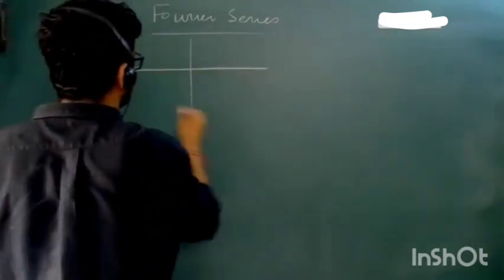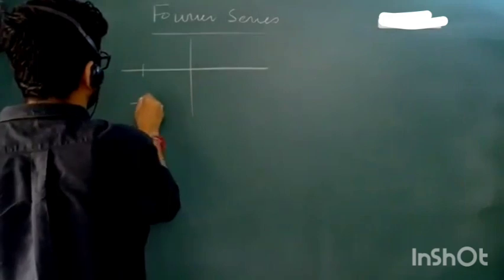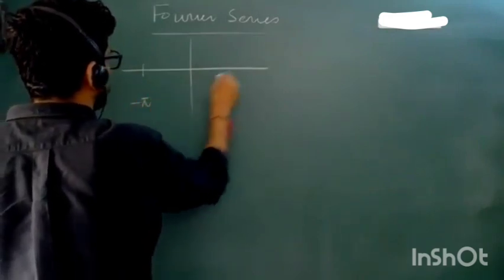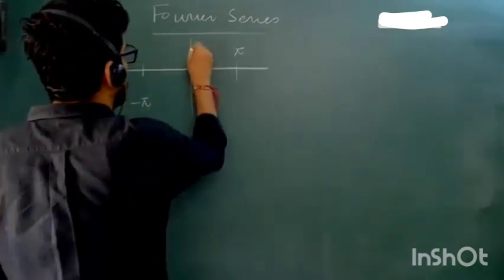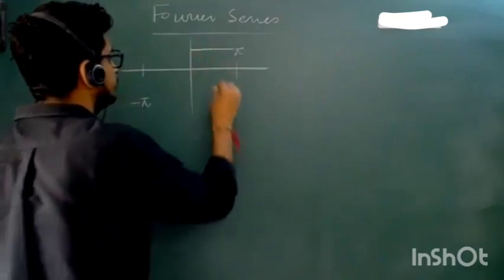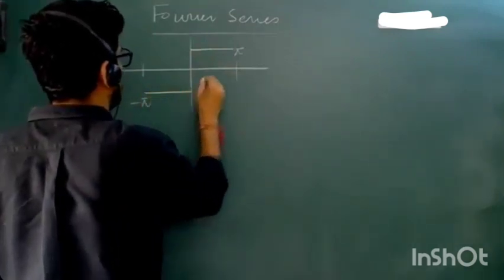With this basic discussion, I am coming to the first question. Suppose you have been given a function like this, with minus pi and plus pi, and the function is repeating in the space like this.